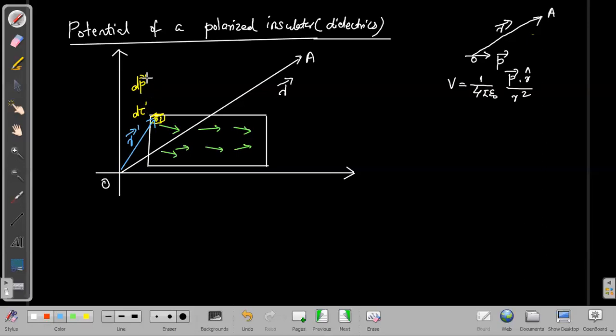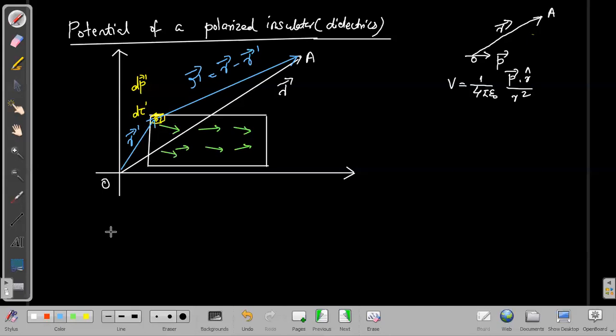I always put a prime here. And then the vector connecting the dipole to the field point, I will denote by the symbol script r. So script r is vector r minus vector r prime.